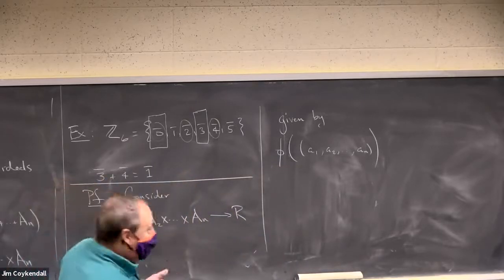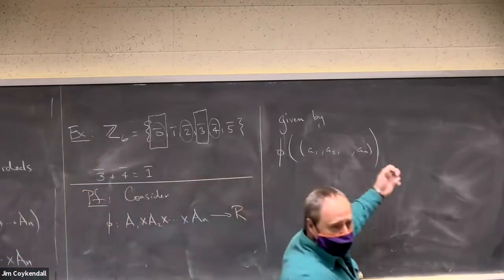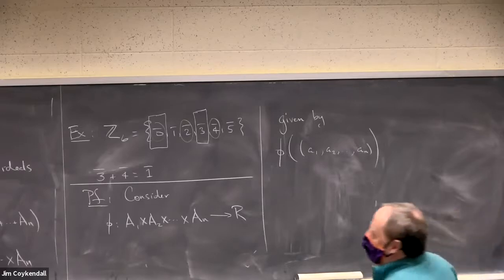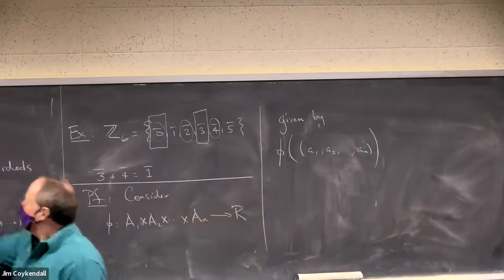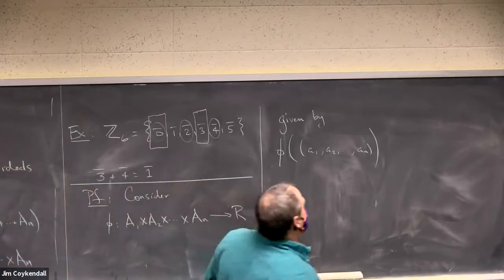What's the most intelligent way I can think of to take this n-tuple and get it to output something in R? Well, I do know that every one of these A_i is in R, so I'll add them up.